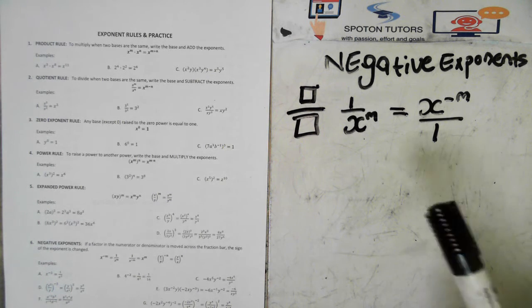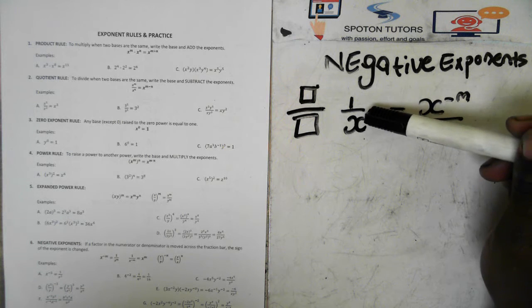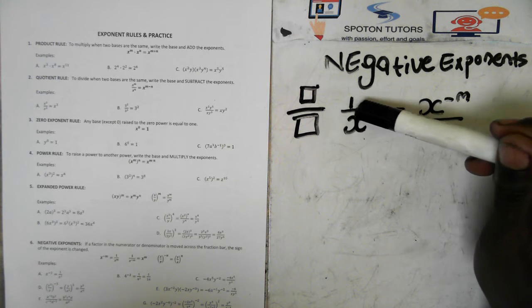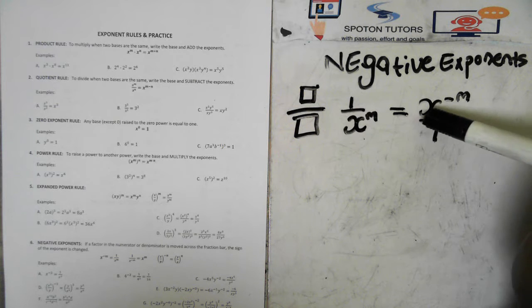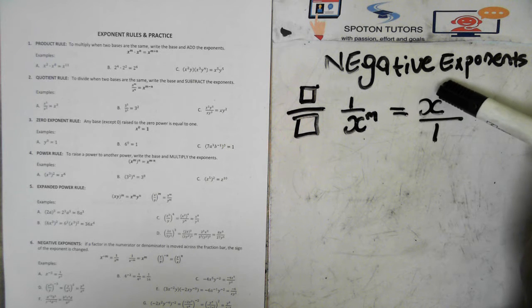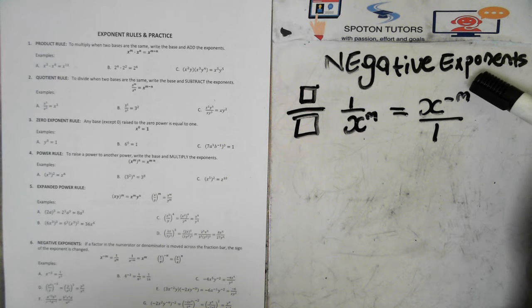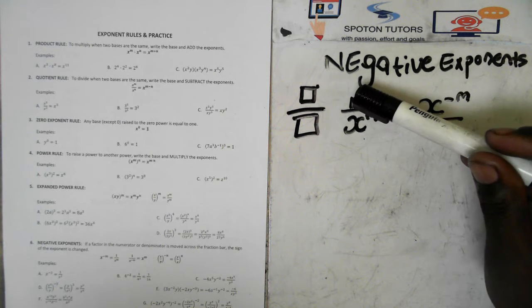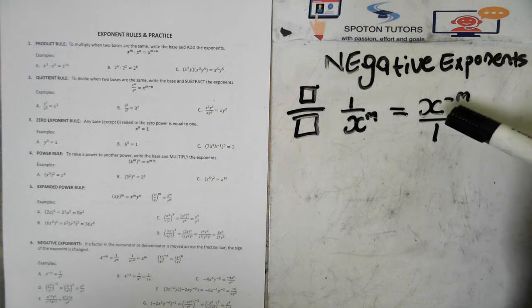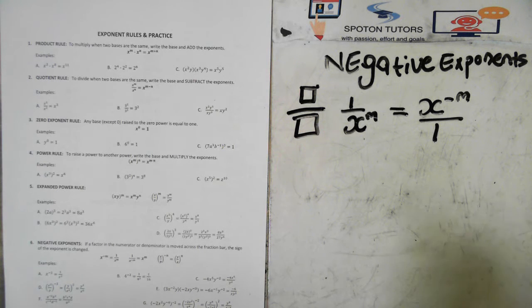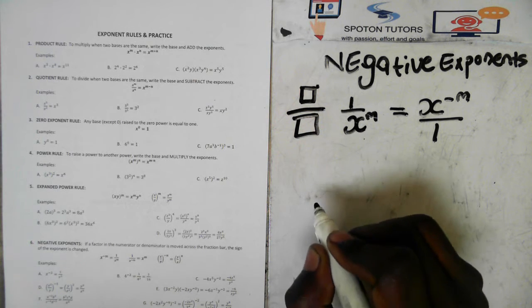What happened here is that this term, which was in the denominator, moved across to be the numerator, and the sign of that exponent changed from positive to negative, and the 1 does not change, it stays the same. This rule is very important when you're working with something of this nature.